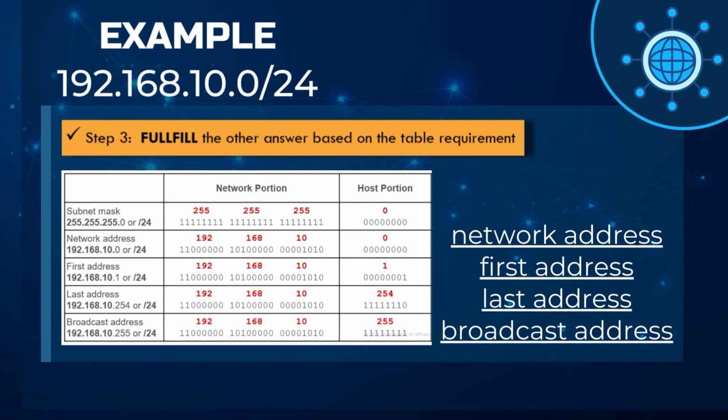As for the last available address, you just subtract 1 from the broadcast address, so the answer is 192.168.10.254. So you have all of the answers for the subnetting: the network address, first address, last address, and broadcast address.